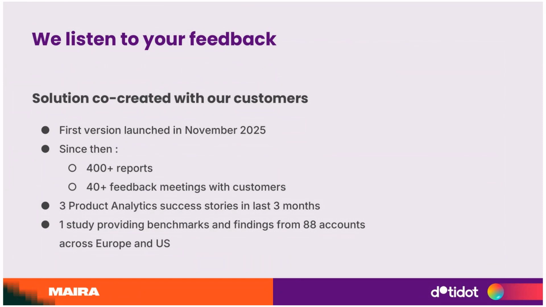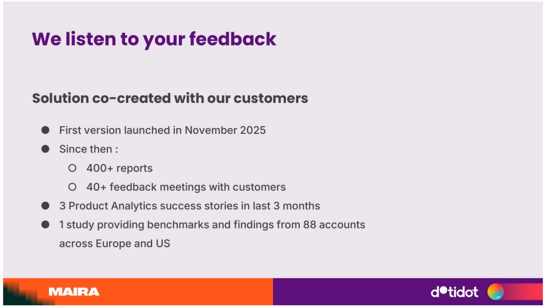So we were thinking, what can we do differently? We did a couple of analyses, and we looked inside what is happening inside the PMAXs, the DPAs and Advantage Plus campaigns, and we noticed that there's actually a lot of waste. Then we launched the first version of the product analytics that is available at this moment. We launched it in November last year, and since then our customers have created more than 400 reports.